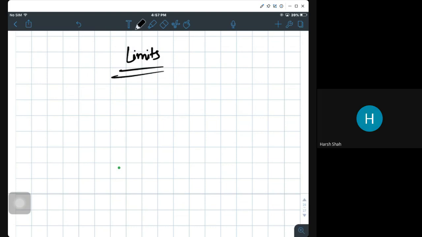Limits. Okay. There are two types of limits. One is a series limit, other is a functional limit. What is the difference between these two? In a series limit, there is only one limit, or we calculate only one side of the limit.